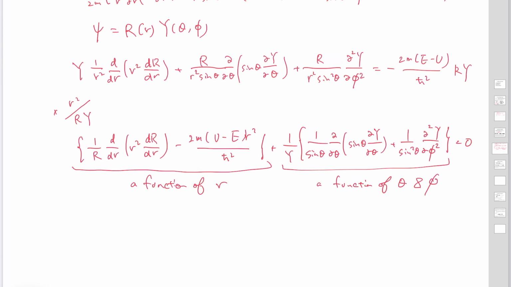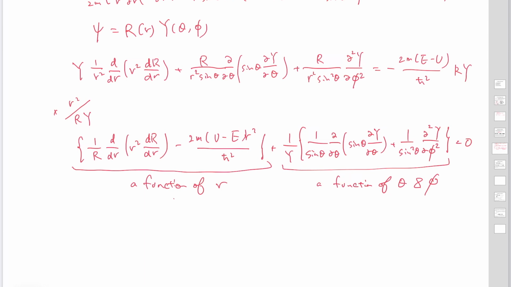So to satisfy this equation, you can change r without changing phi and theta. Then the second term is going to be a constant value. To satisfy this equation, both terms have to be constant.